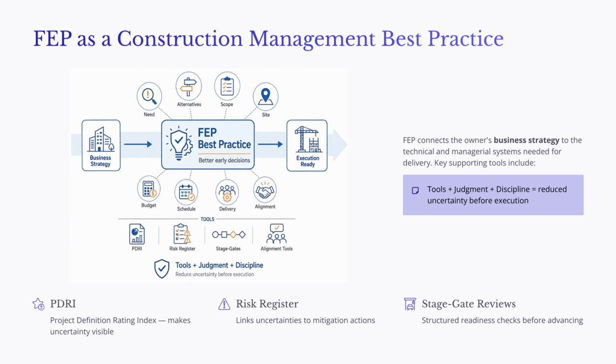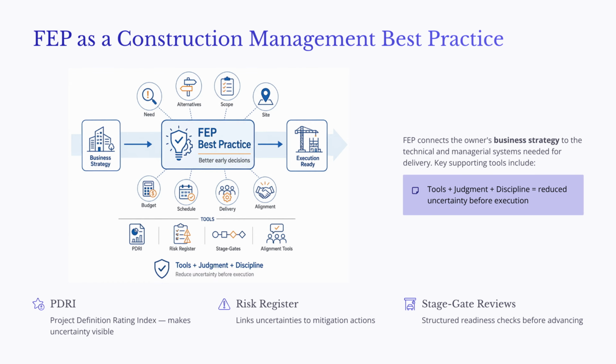FEP connects the owner's business strategy to the technical and managerial systems needed for project delivery. The team must clarify the business need, evaluate alternatives, define scope, investigate existing conditions, validate the budget, develop a realistic schedule, select an appropriate delivery method, and align stakeholders. Several tools support effective FEP.